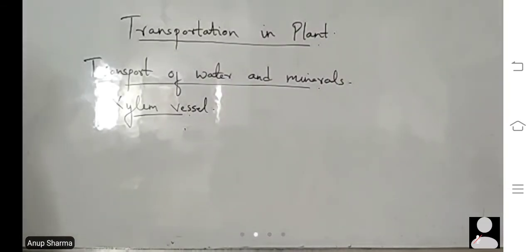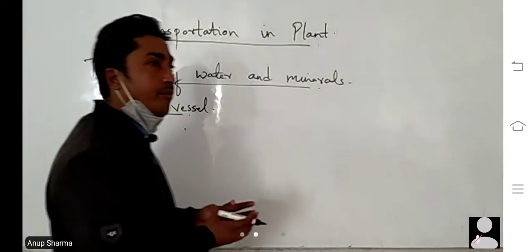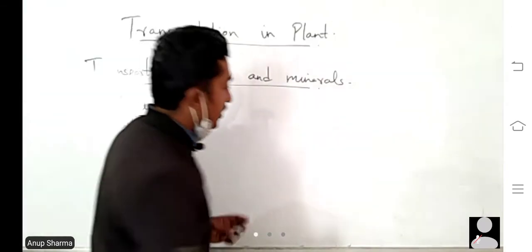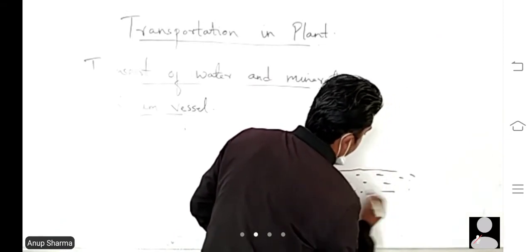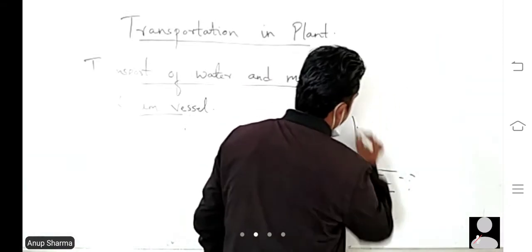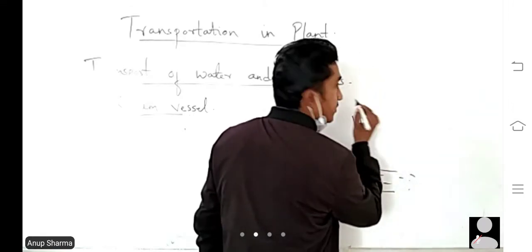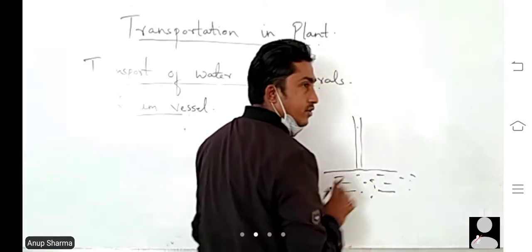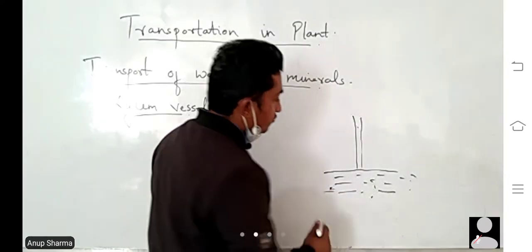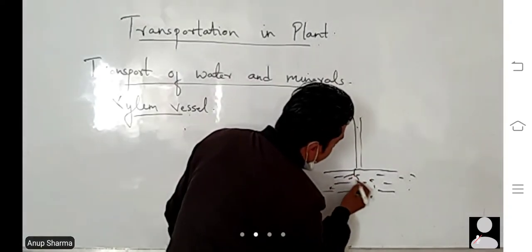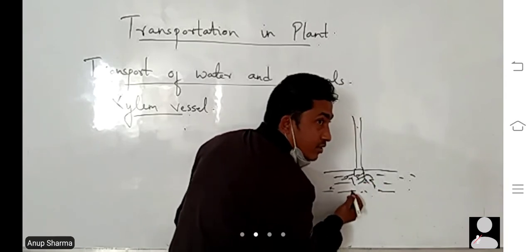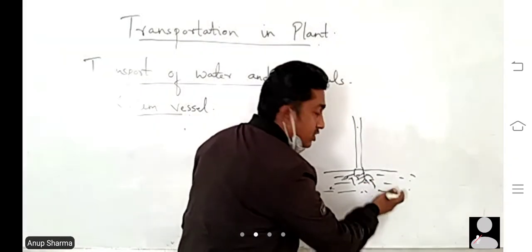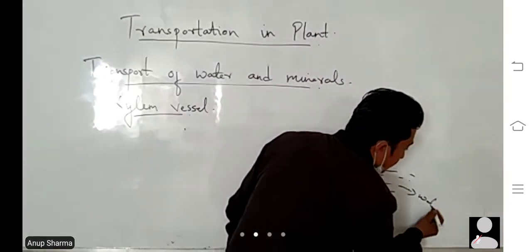Water is absorbed from the soil by the root hairs. Okay, if this is the soil and we have a plant here, any kind of plant, then through the roots, water is absorbed, as water is present in soil.